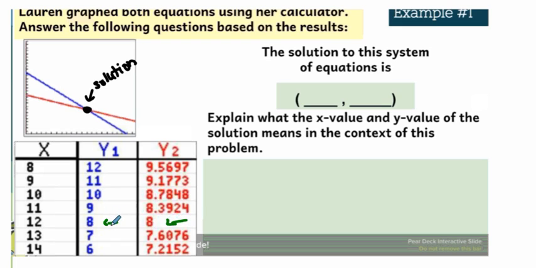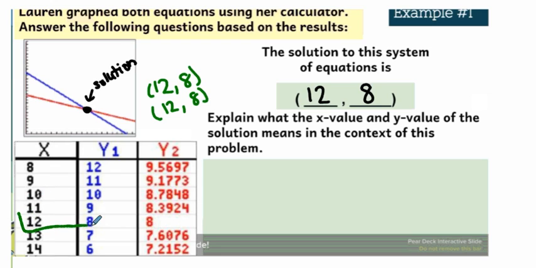I have an 8 as both of my Y values. Our X value is 12. So that tells me that the point 12, 8 is on line 1, and 12, 8 is on line 2. It's on both lines, meaning that is our solution point, 12, 8. It's very easy to recognize that by looking at our table of values because we can see the exact numbers instead of just guessing on a graph.